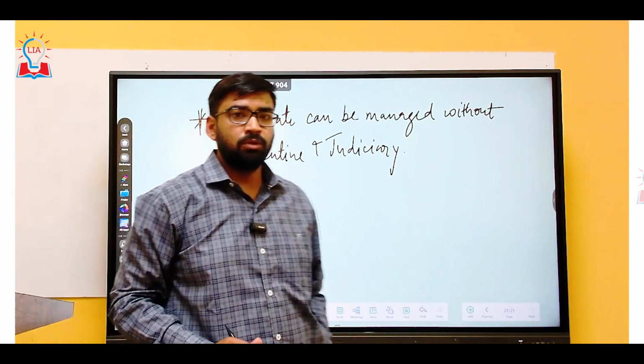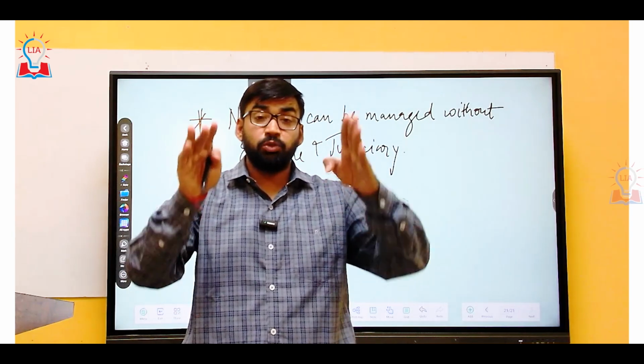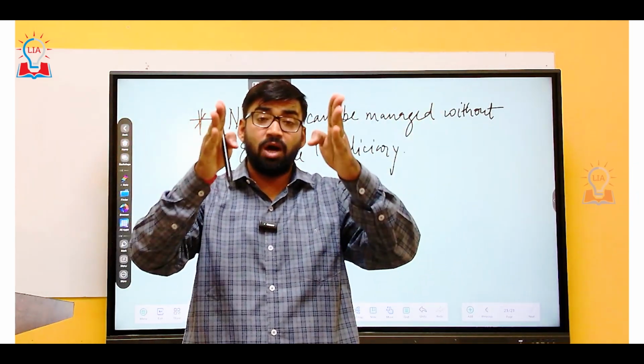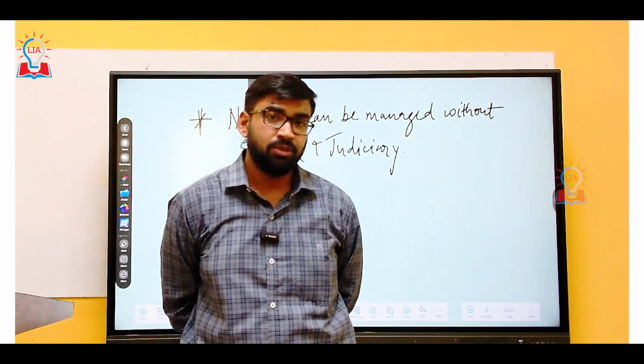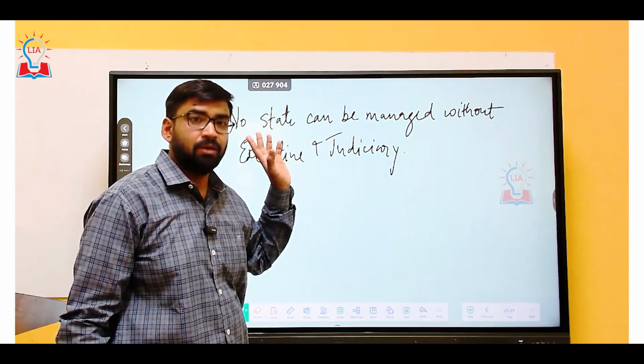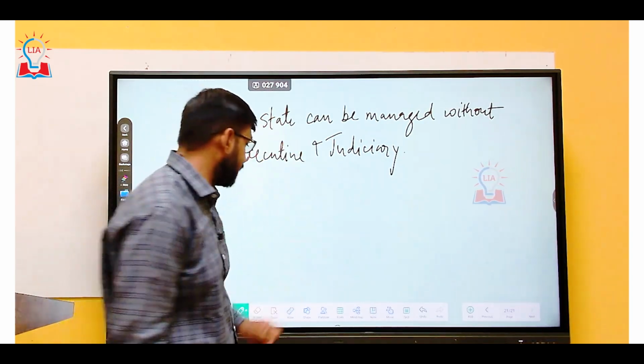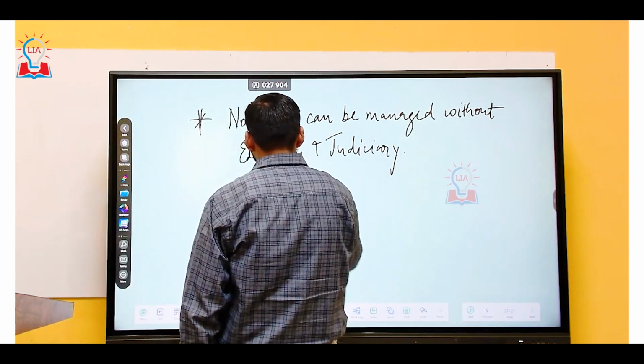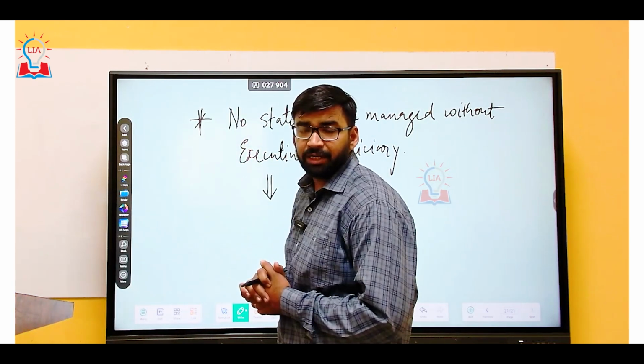For a state, judiciary and executive are the two most important organs. So the executive was already created.